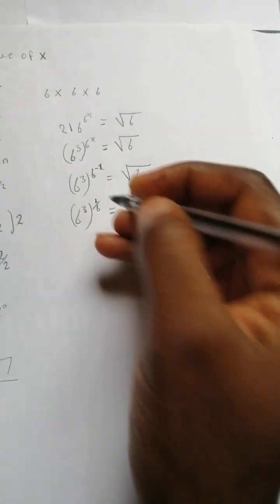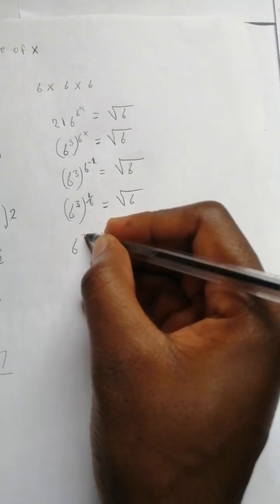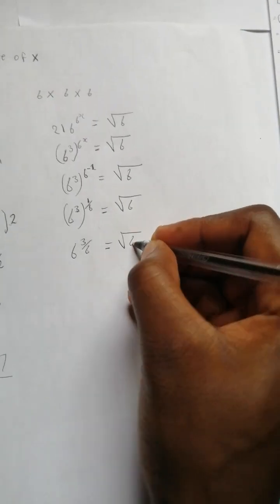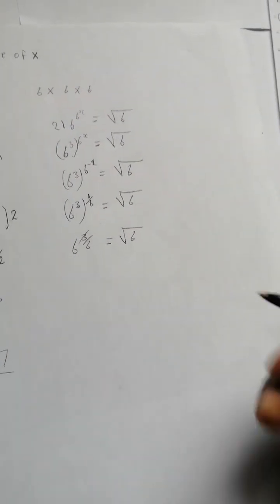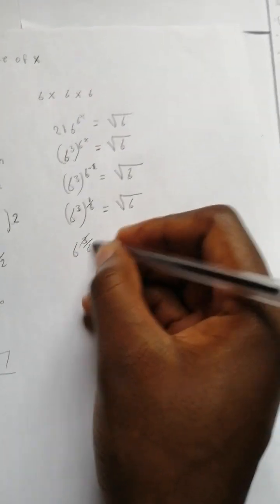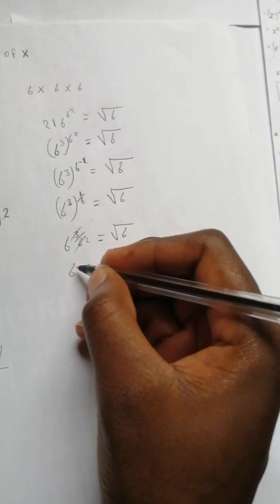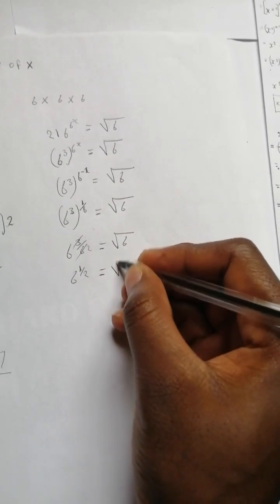So it will be 3 times 1, which is just 3 over 6, and this should be equal to the square root of 6. So notice that 3 can go into 3 one time, and 3 can also go into 6 two times, like that. So this will be 6 raised to the power 1 over 2, and this should be equal to the square root of 6.